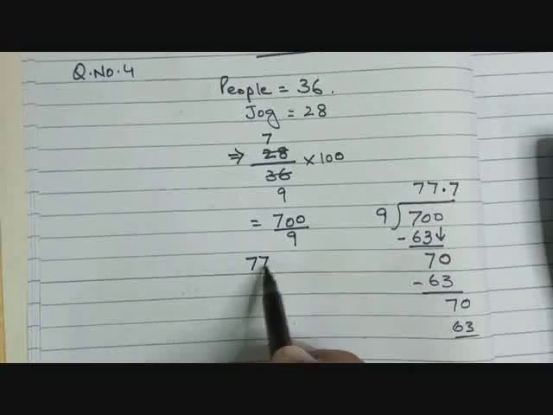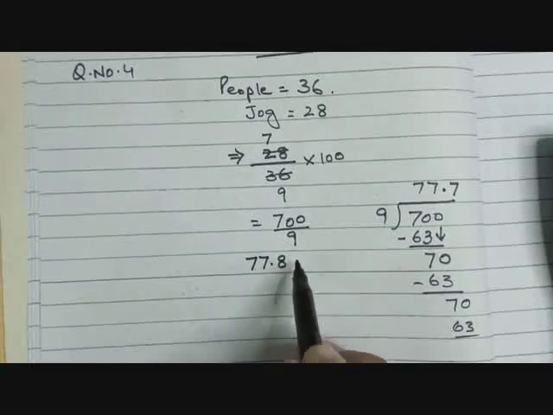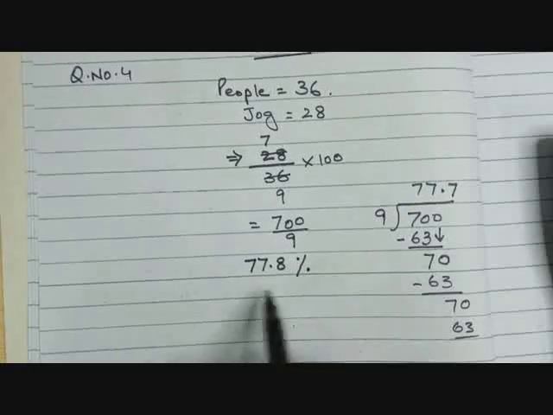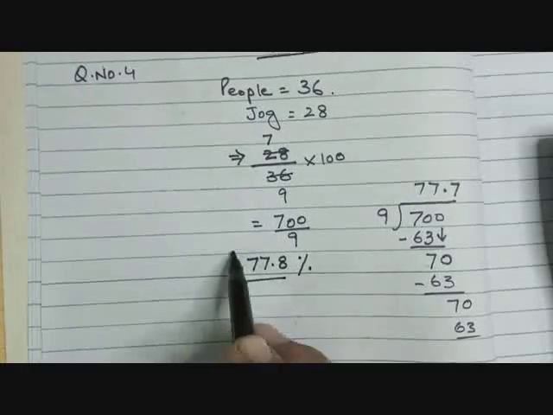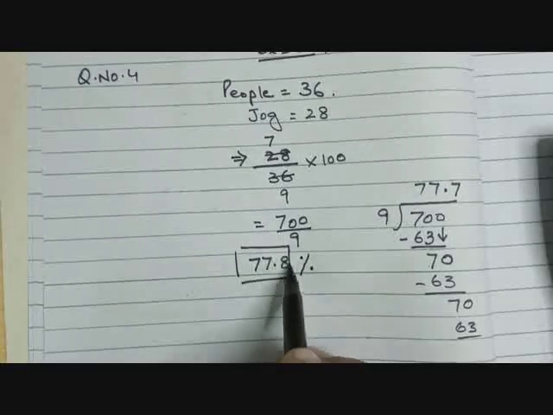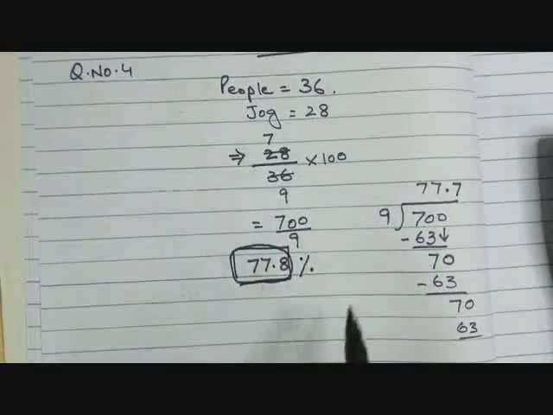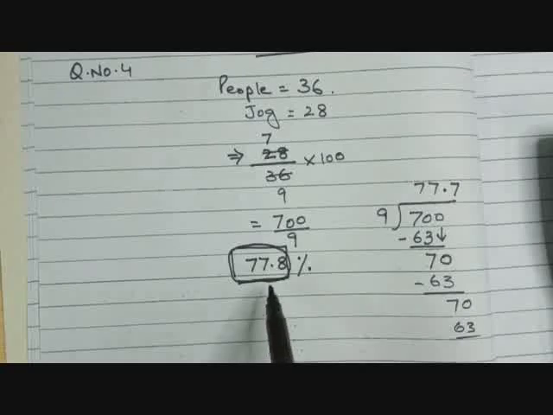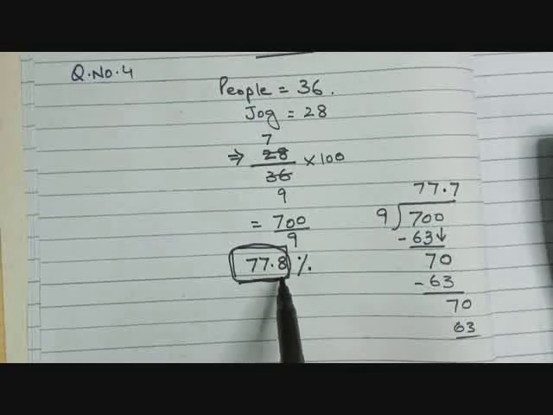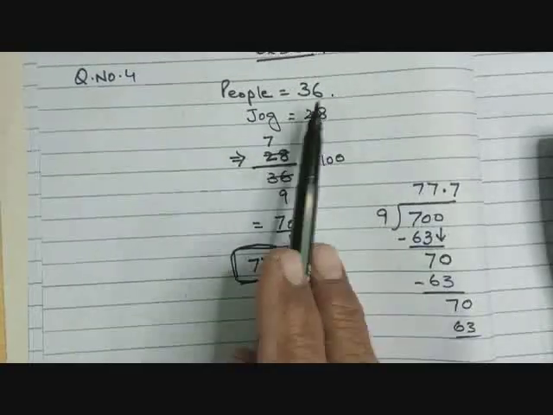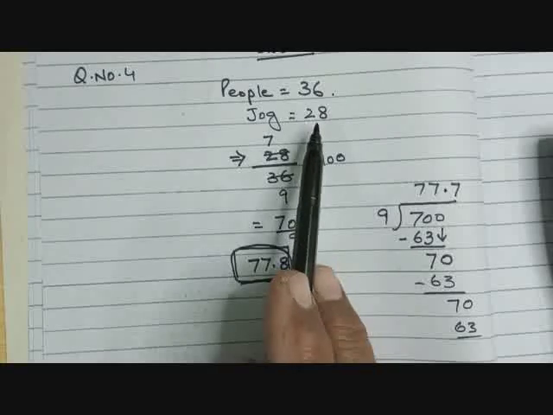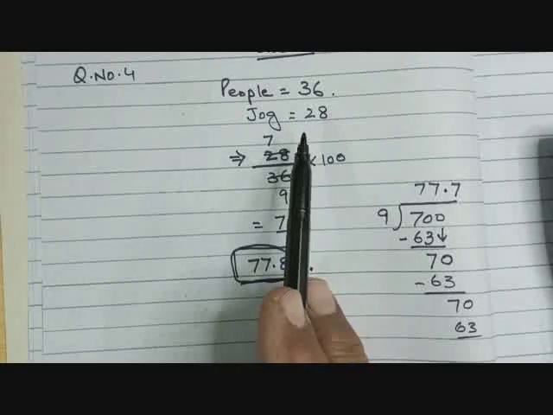It will become 77.8%. So 77.8% of the 36 people in that residencia go for jogging around the park.